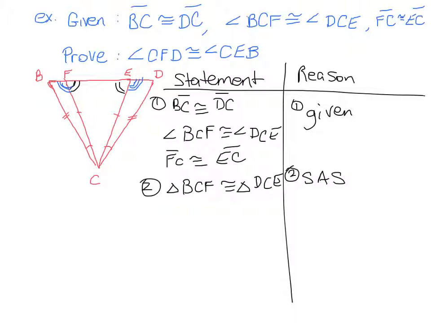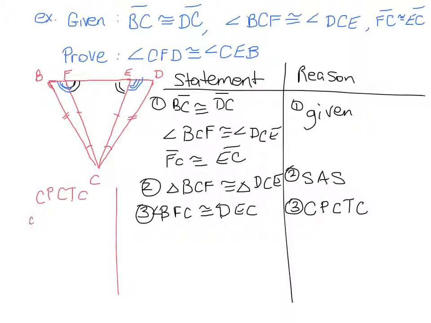I just made a mistake; I said it wrong at first. And I'll write that down. So for the third statement, angle BFC is congruent to angle DEC. The reason is that corresponding parts of congruent triangles are congruent. For short, it's called CPCTC, but I'll write it on the side to make sure that you remember this.